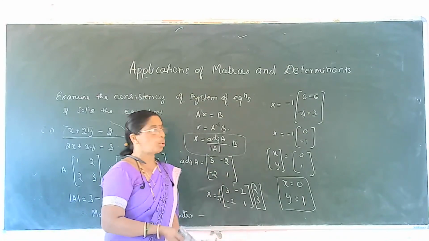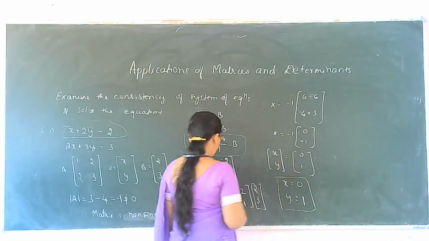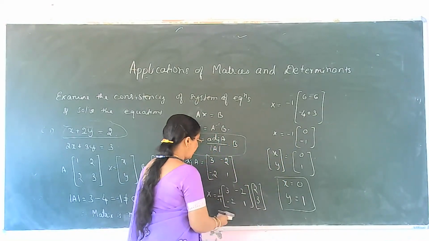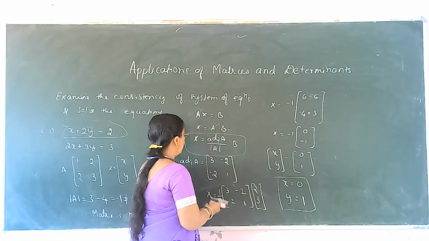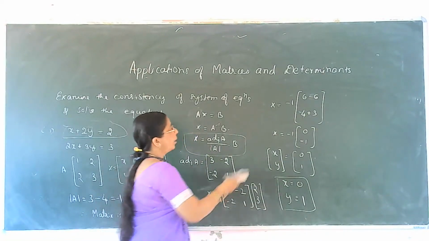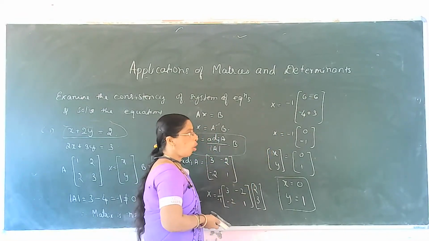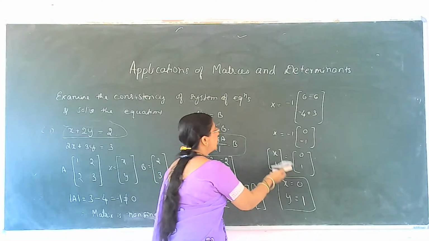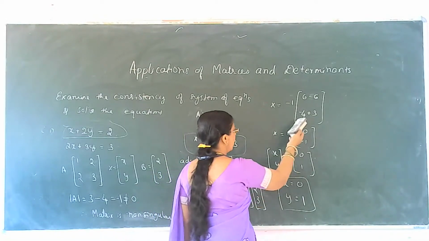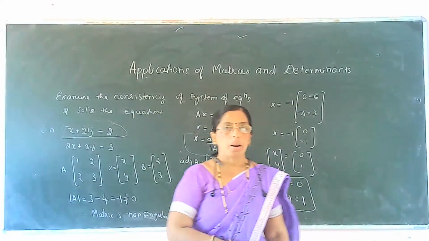Putting all the values in this equation and finding the product of these two, then multiplying by 1 by determinant of A, we get two matrices.